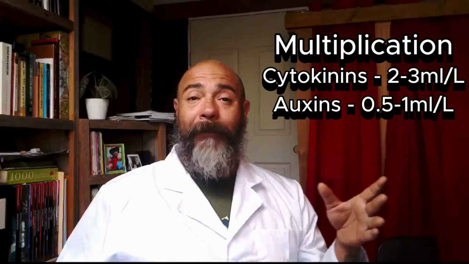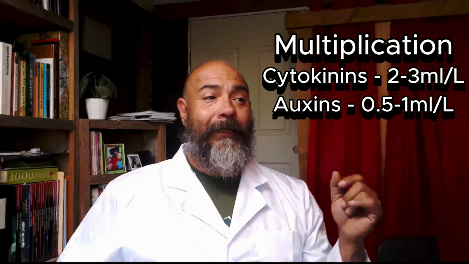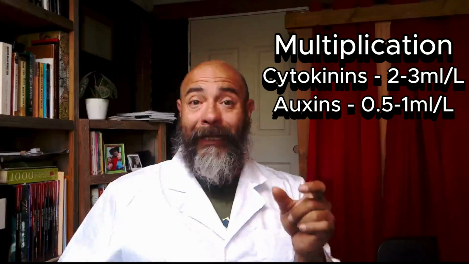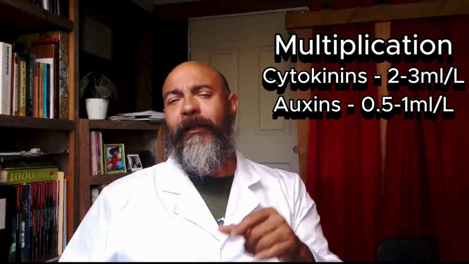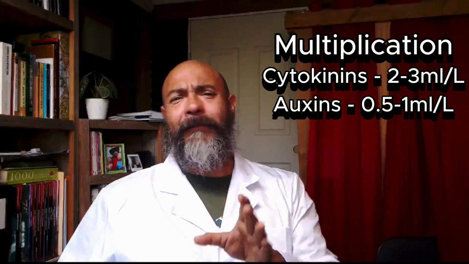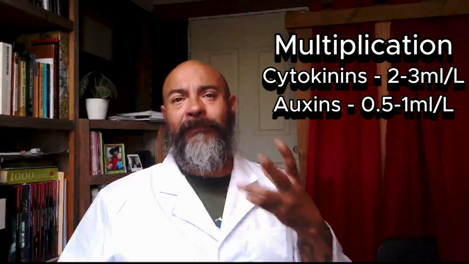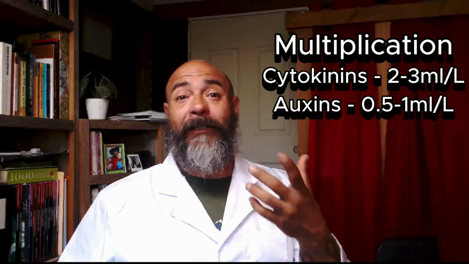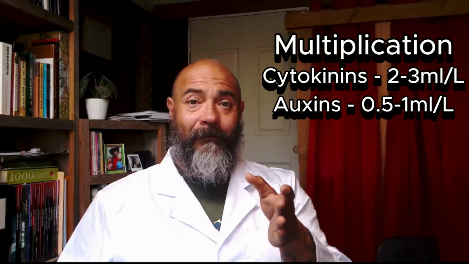For the BAP, I would add 2 to 3 milliliters, and for my auxin, I would use 0.5 milliliters, up to 1 milliliter. 0.5 seems to be a really good sweet spot. It works well in the multiplication mix without giving me too much root growth while I'm trying to get cell elongation and shoot growth.